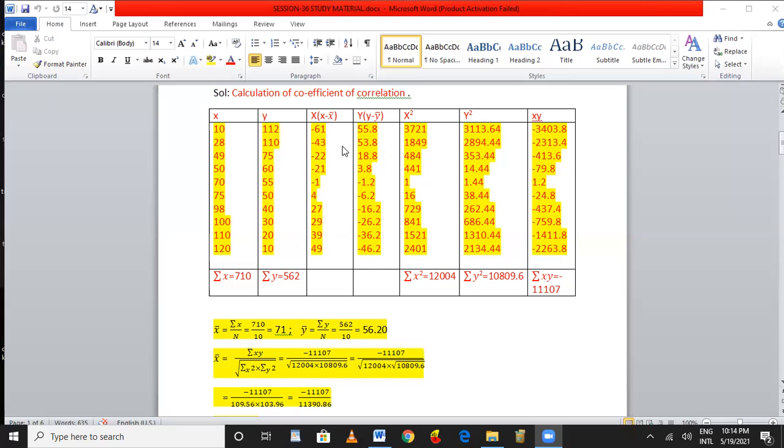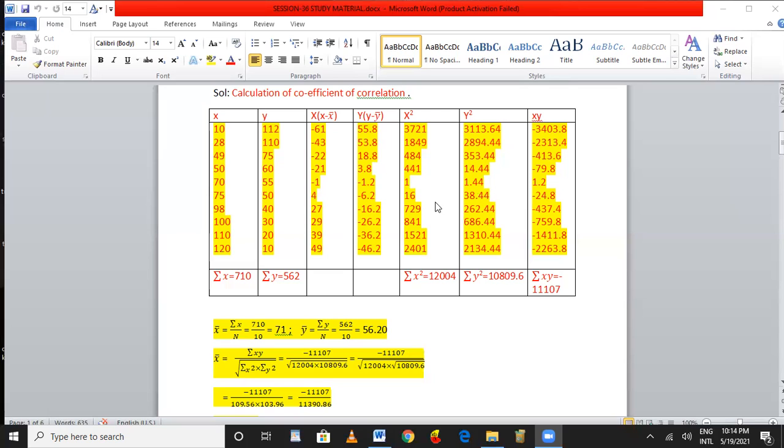3113.64. 53.8 into 53.8, 2894.44. 18.8 into 18.8, 353.44. 3.8 into 3.8, 14.44. Minus 1.2 into minus 1.2, 1.44.